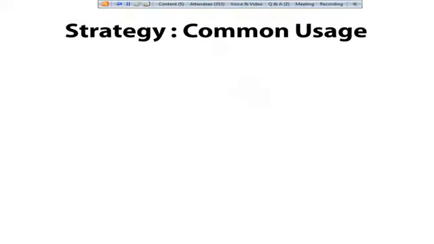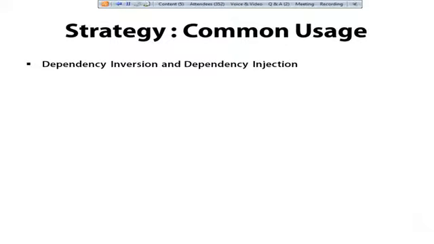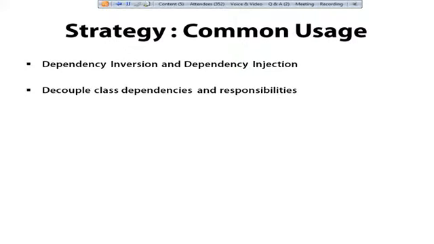So in terms of common usage, for the strategy pattern, you'll see it frequently used for dependency inversion and dependency injection, and I'll show you those topics in just a moment. You also will see it used to decouple class dependencies and responsibilities, pretty much by using dependency inversion and dependency injection.